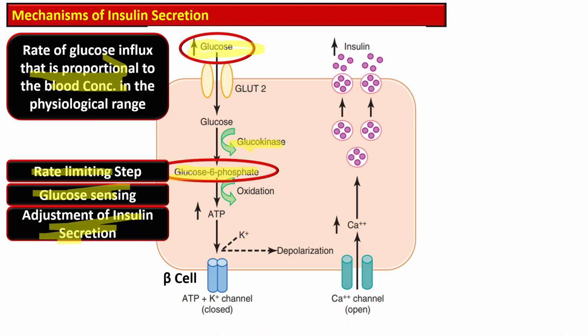Then this glucose 6 phosphate is oxidized, and after oxidation there is production of ATP, adenosine triphosphate.